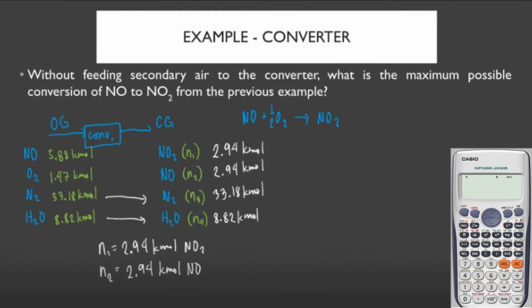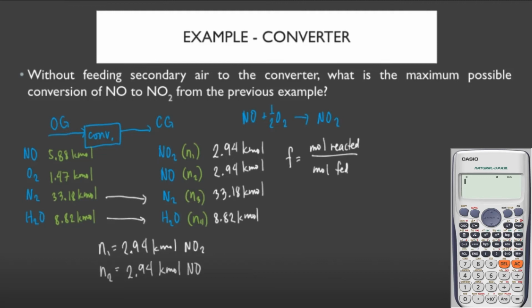What is the maximum possible conversion of NO to NO2 in this converter? To answer that, let's review the definition of conversion. We define this as the number of moles reacted divided by the number of moles fed. Now, the numerator and denominator in this case pertain to the limiting reactant unless otherwise specified in the problem.